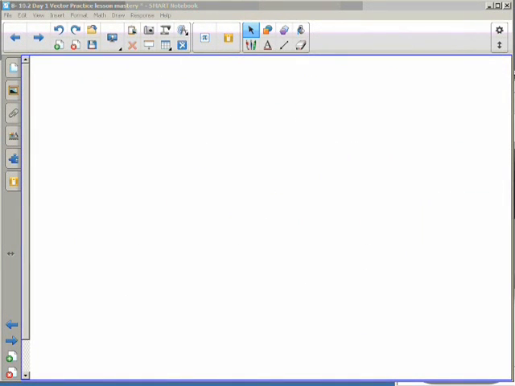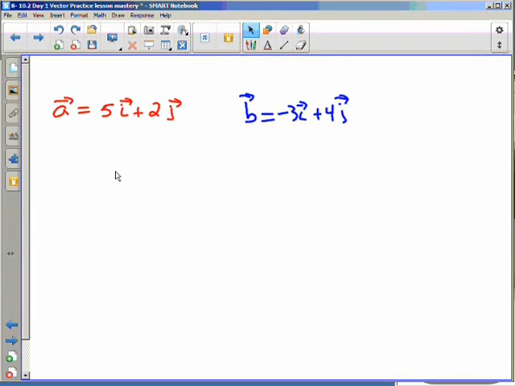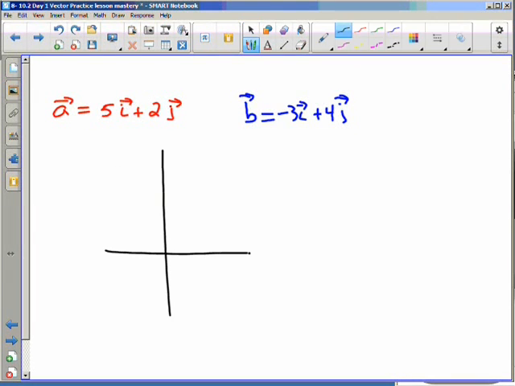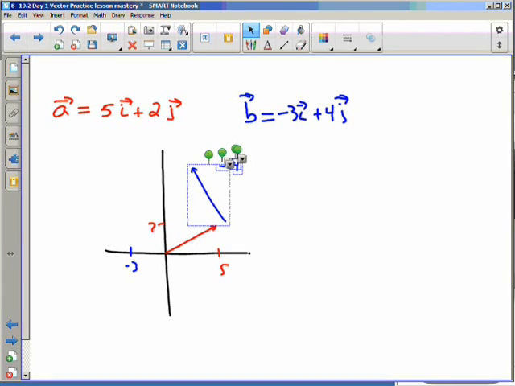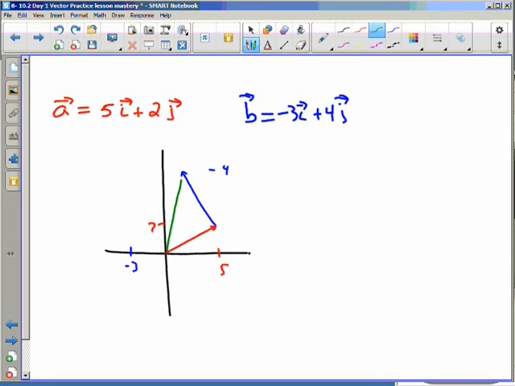And now if we want to take a look graphically at what this might be, we can notice that vector A, right, 5 right and up 2, looks something like this. B over here at negative 3 and up 4, something like this. If we did A plus B, we would get the vector that I show in the green here.